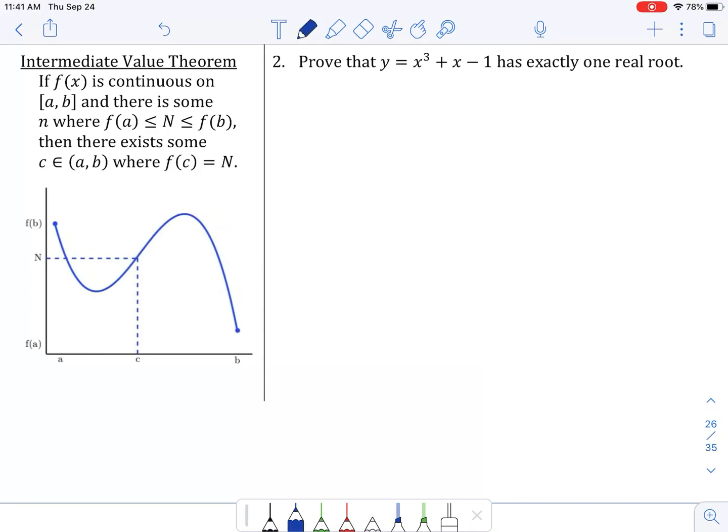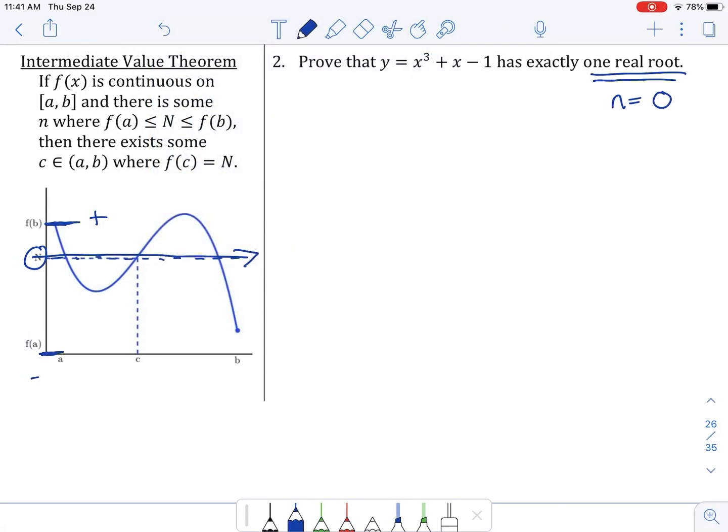So what we want to show is that there is a value here, if we're looking at the graph over here, that's positive, and a value down here where it's negative, because your n value, when you want to find a root, that means that you want this to be the x-axis. So n for roots is equal to 0. And so you just want to find a positive and negative.